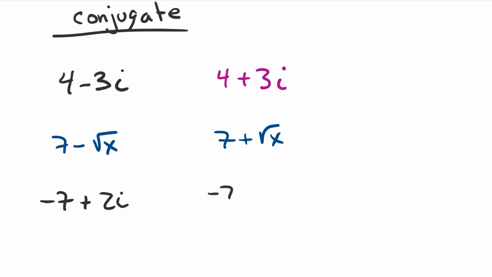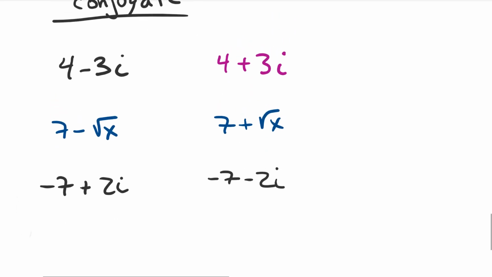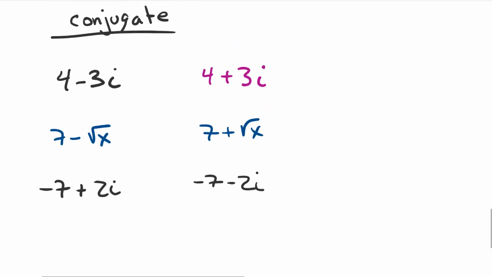Its conjugate? Negative 7 minus 2i. 8. What's its conjugate? 8. Right? 8 plus 0i is still the same thing as 8 minus 0i. You know what I mean?